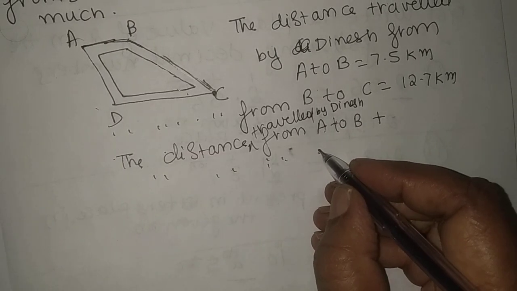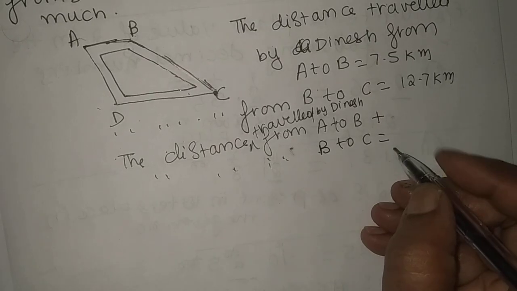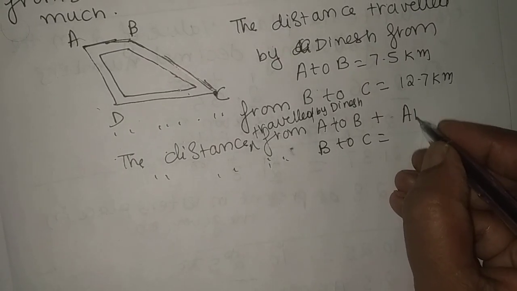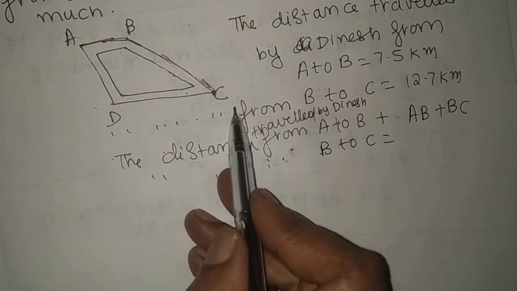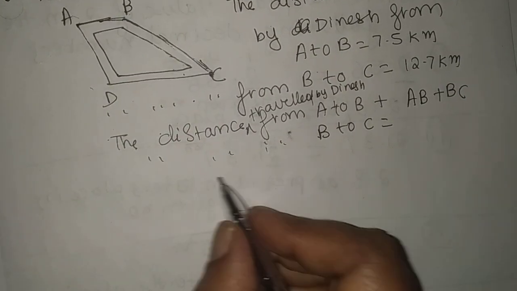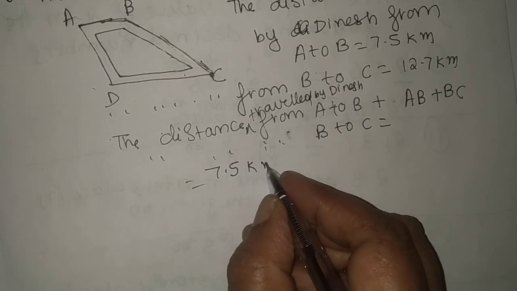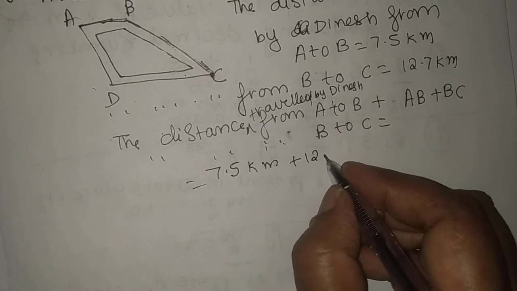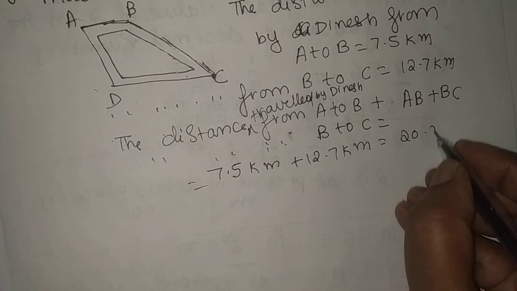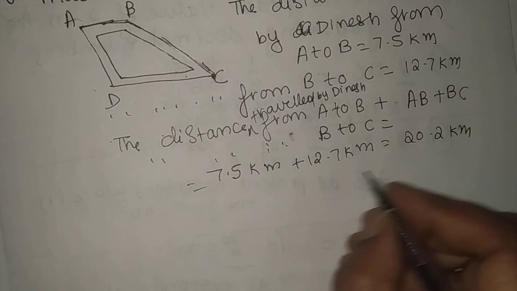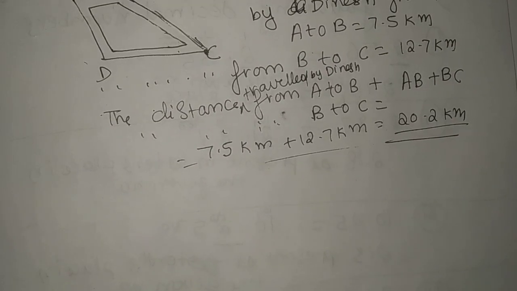So both you have to add, that is AB plus BC. So write down the numbers: 7.5 kilometers plus 12.7 kilometers. Add these two, you will get 20.2 kilometers. So this is the distance traveled by Dinesh from A to B and B to C.